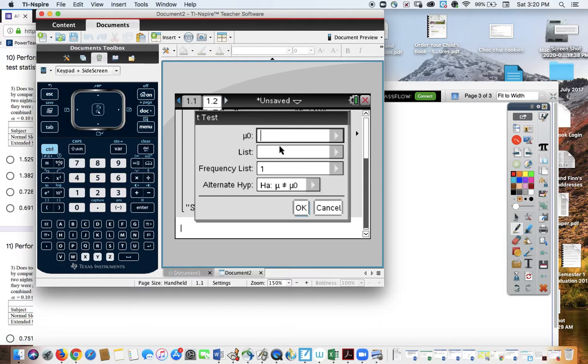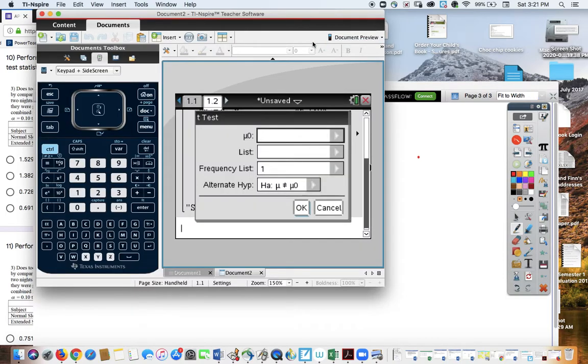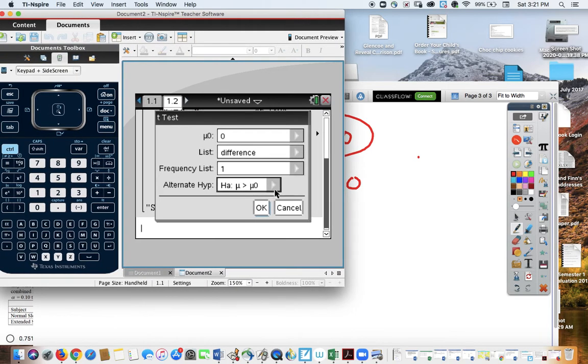So the mu0 is from your null hypothesis, and the null hypothesis is 0. And then the list that we want to use is the difference list. And then the alternative, I have to change that to a greater than, again, because that was what my alternative hypothesis was.